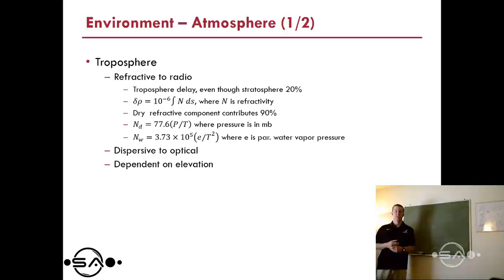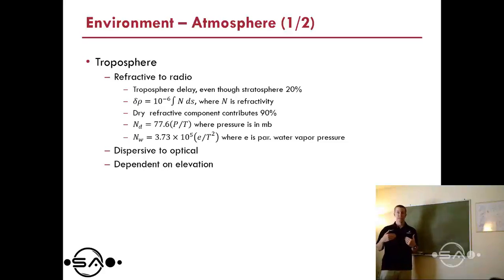The dry refractive component contributes about 90% of that delay, whereas the wet contributes about the other 10%. Obviously the atmosphere's refractivity is going to change, and that's a linear term, so that you can add the dry refractivity and the wet refractivity to get the total refractivity.